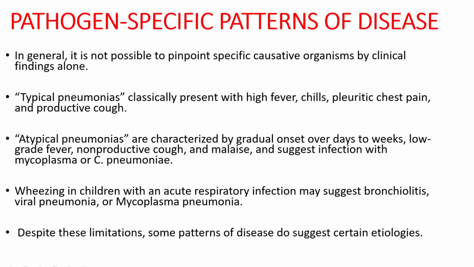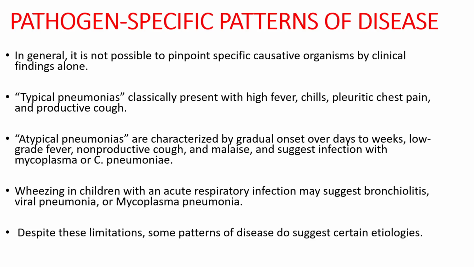When we say atypical pneumonia, they usually have a gradual onset over days to weeks, low-grade fever, non-productive cough, and malaise, suggesting infection with Mycoplasma and Chlamydia pneumoniae. And wheezing in children with an acute respiratory infection may suggest bronchiolitis, viral pneumonia, or Mycoplasma.